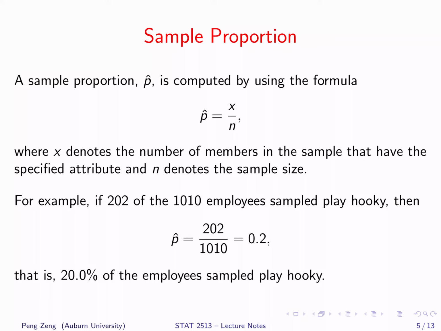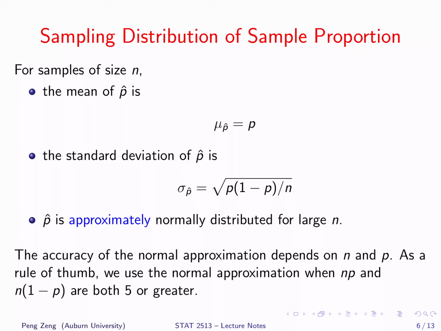For example, if 202 of the 1,010 employees sampled play hooky, then the sample proportion is p hat equals 202 divided by 1,010 equals 0.2. That is, 20% of the employees sampled play hooky. We need to know the sampling distribution of the sample proportion for statistical inference.